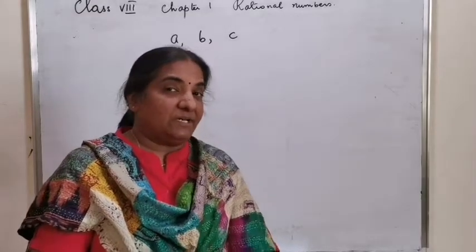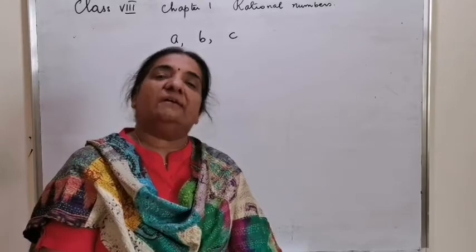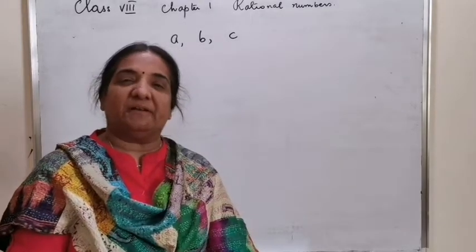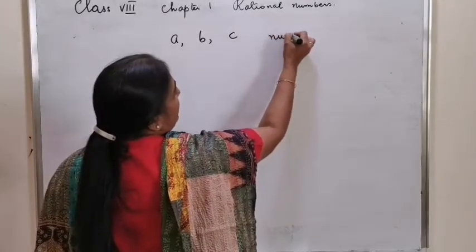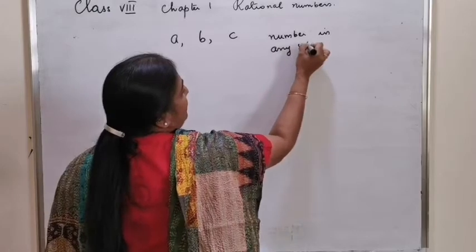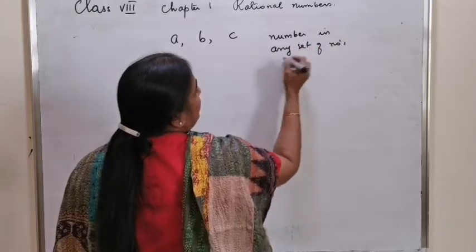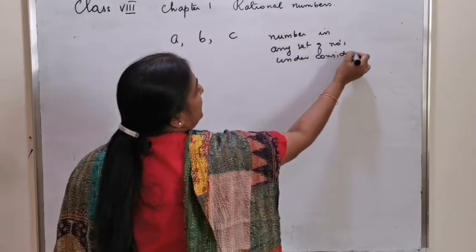When they are natural numbers, it will be natural numbers, integers or rational numbers. That means in general, let A, B, C represent the numbers in any set of numbers under consideration, whichever set of numbers you are considering.